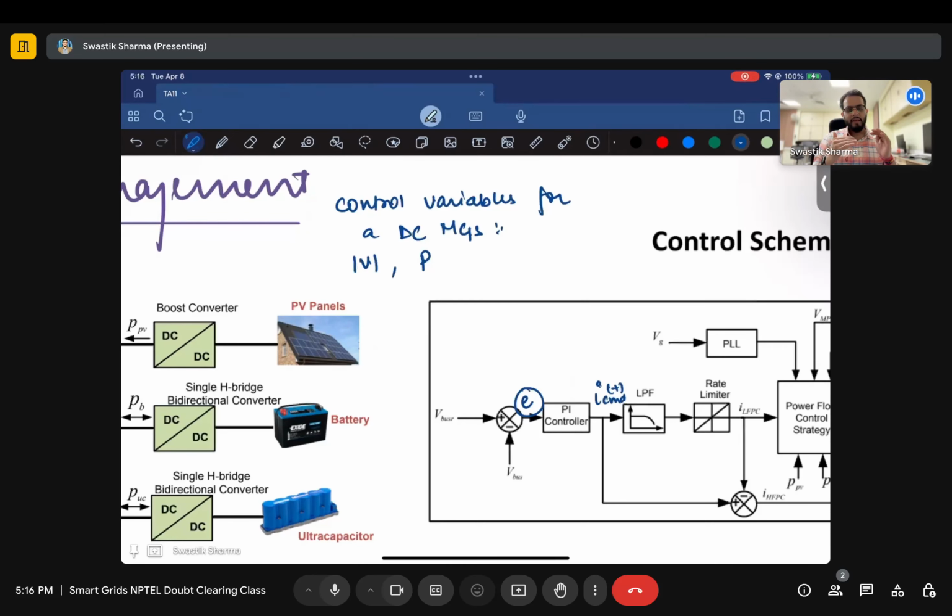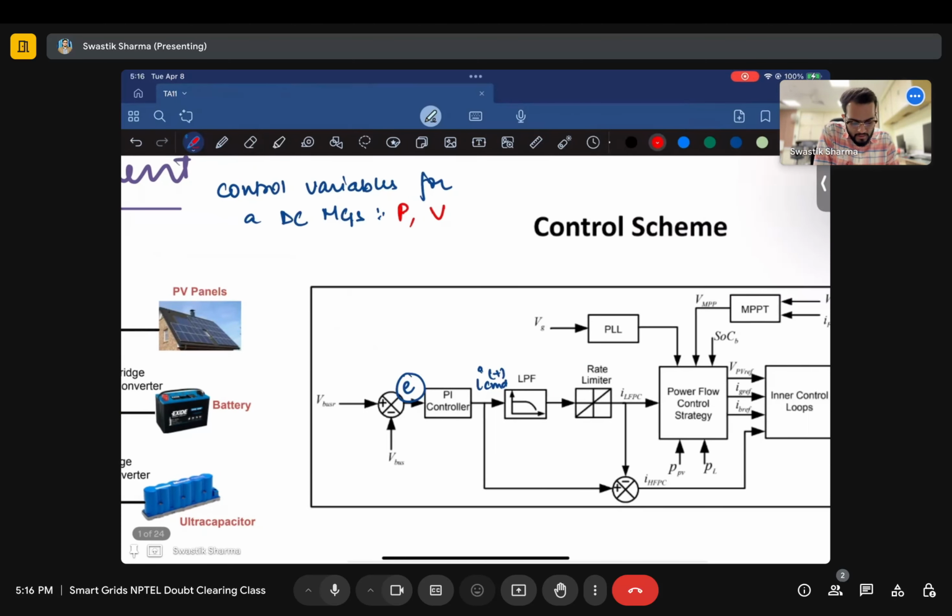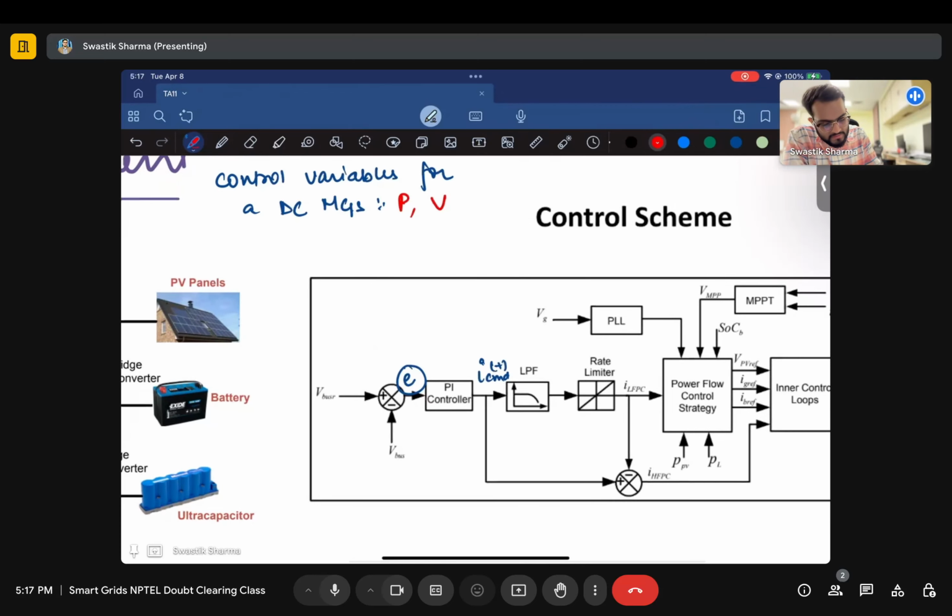But for a DC microgrid, the funda is very simple. It's simply P and voltage magnitude. I don't even have to write voltage magnitude because voltage is just magnitude for a DC bus. So the difference, this error signal, produces a current command signal.